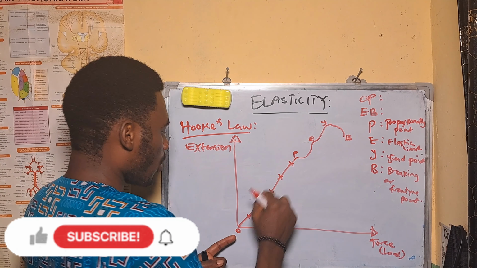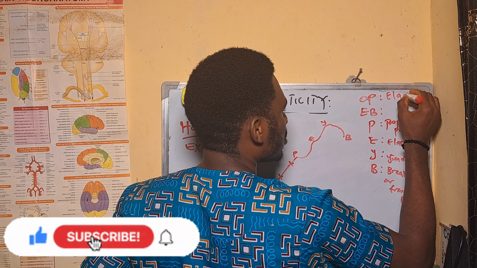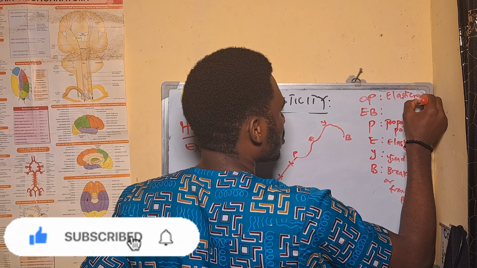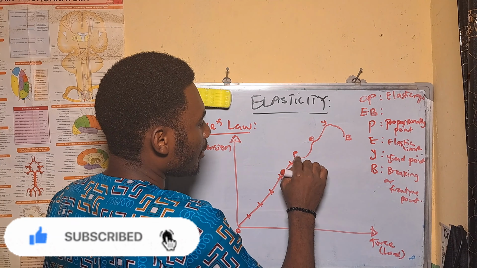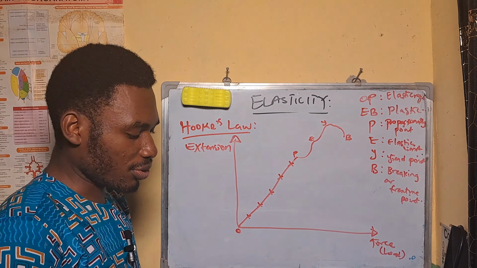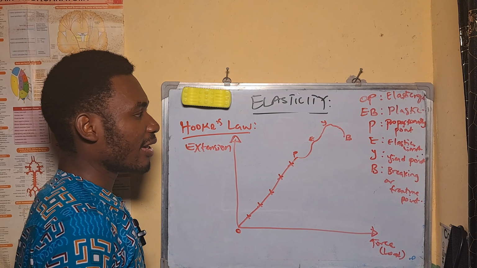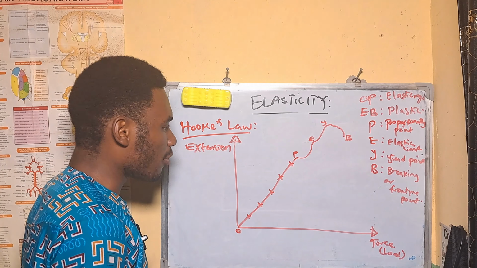Nice. So OP stands for elastic region, while EB stands for plastic region. So these are the different parameters that you can coin out from this diagram. Nice. So we'll be explaining all of them now.